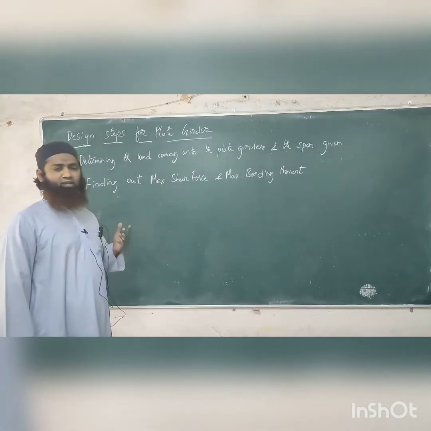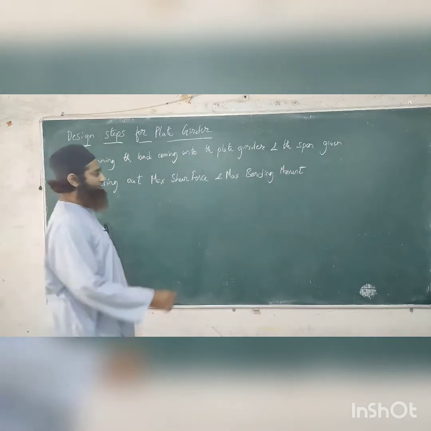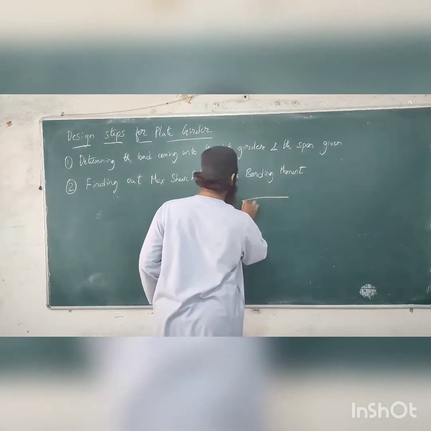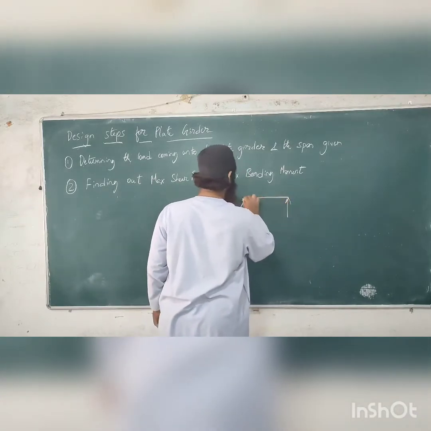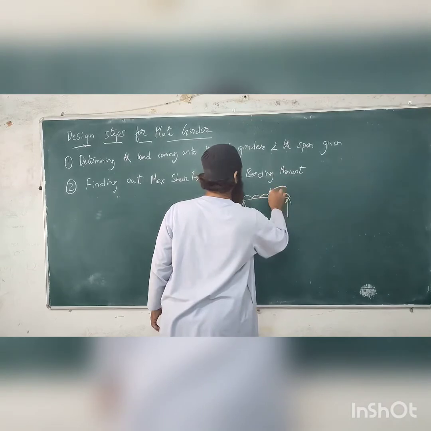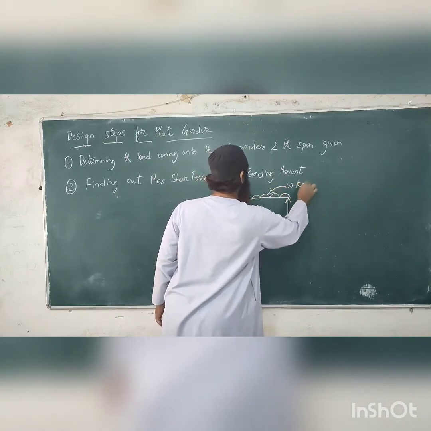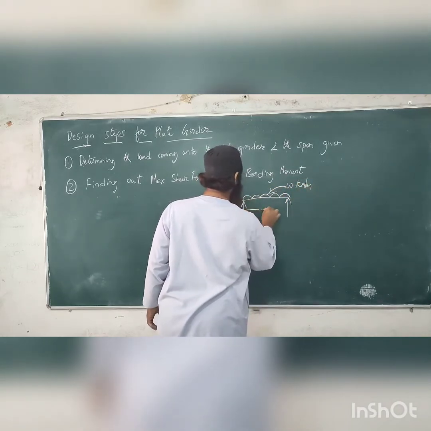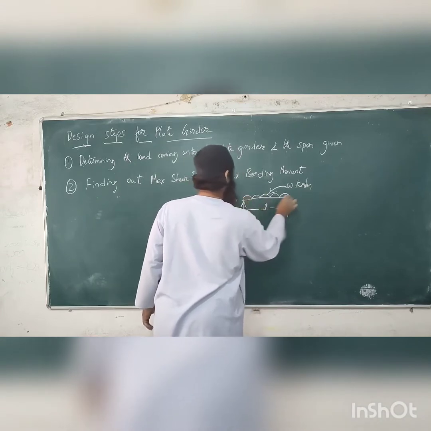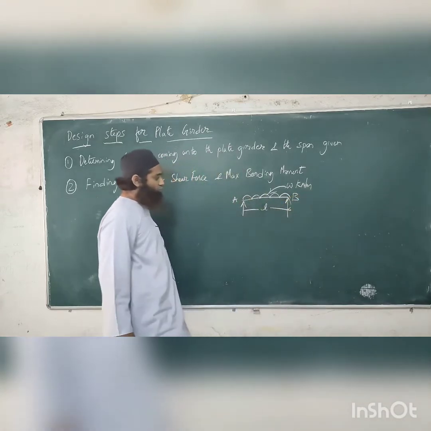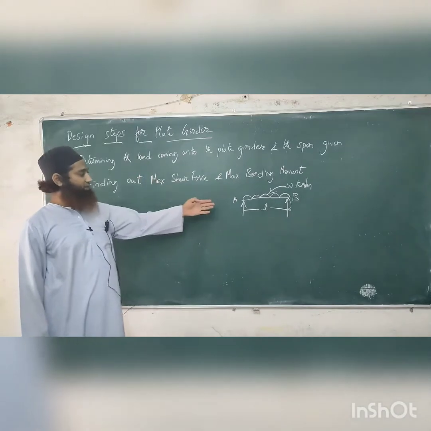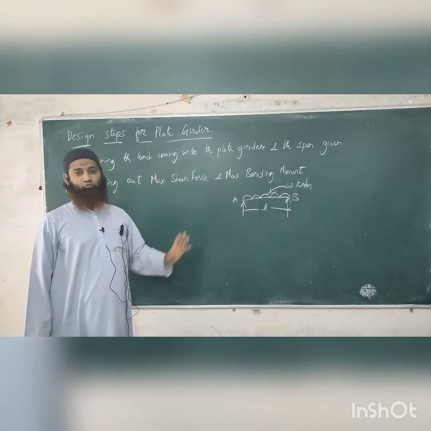As you know, if we take a simply supported beam with a UDL, uniformly distributed load, let us say W kilonewton per meter, and let the span between A and B be L. As you know, the maximum bending moment coming because of this UDL is WL square by 8.